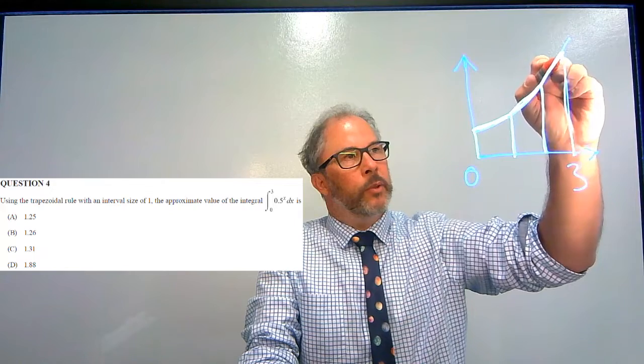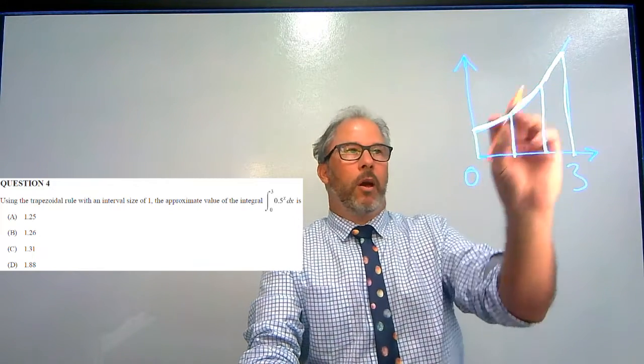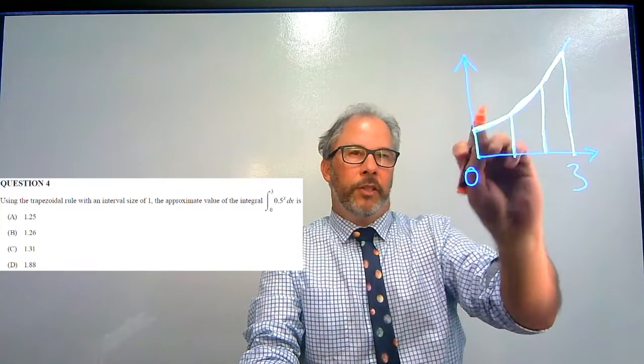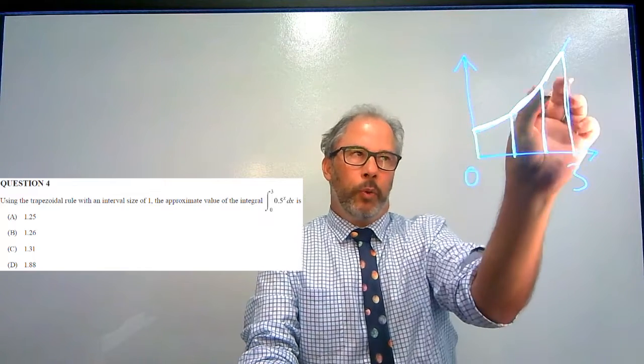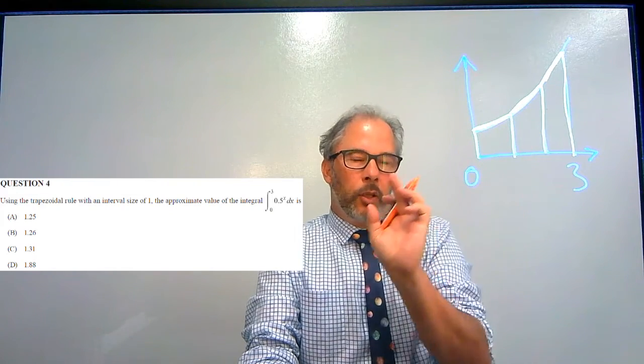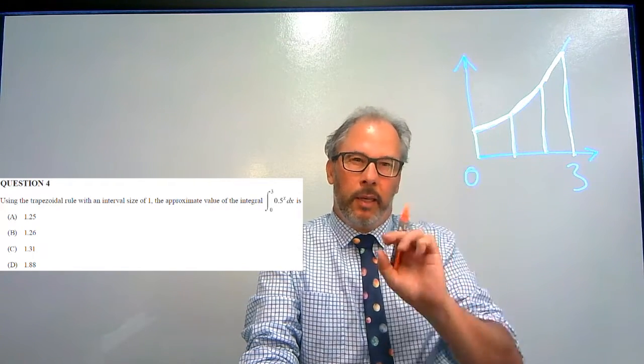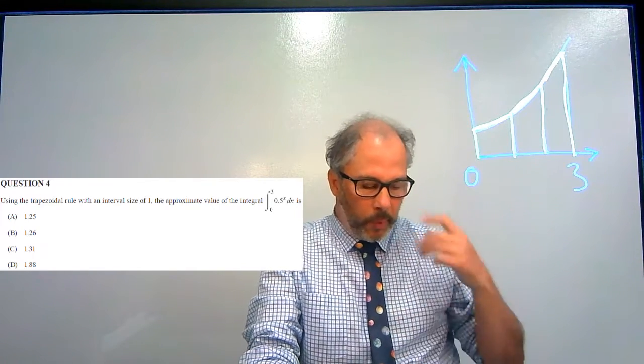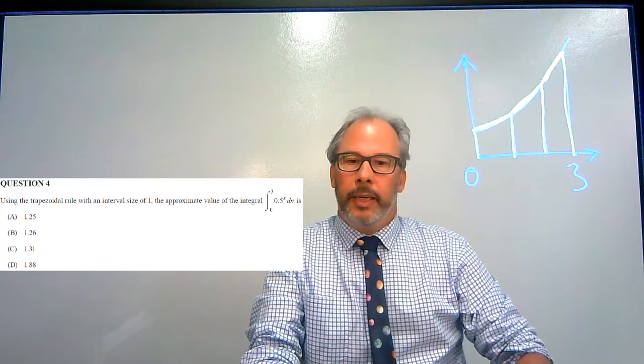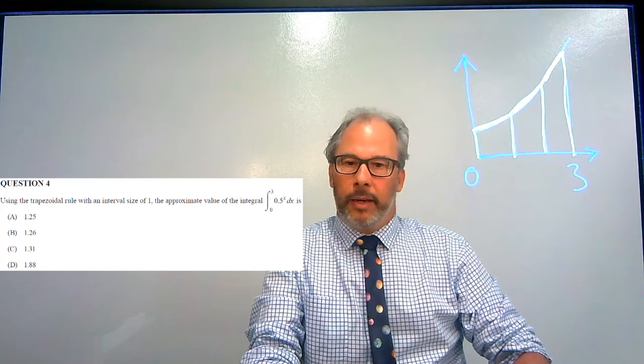I didn't really draw that well, but there's a slight overestimation in each of these trapeziums. So using my trapezoidal rule, I'm going to get an answer that's only slightly larger than the exact value.